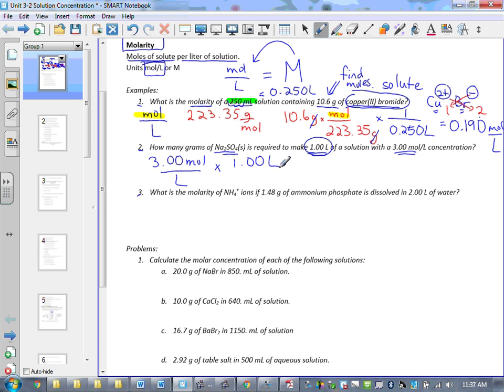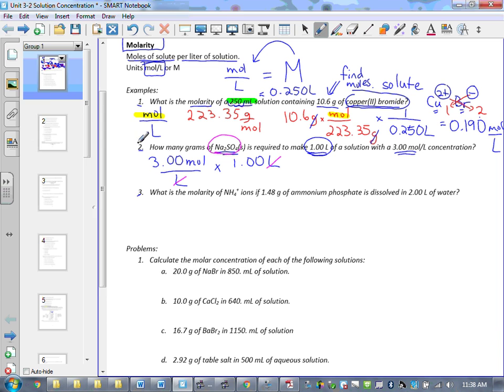What happens to my liters here? They cancel out. And then I've got moles, and to go from moles to mass, we're going to do what Sydney said. We're going to multiply it by the molar mass of sodium sulfate.